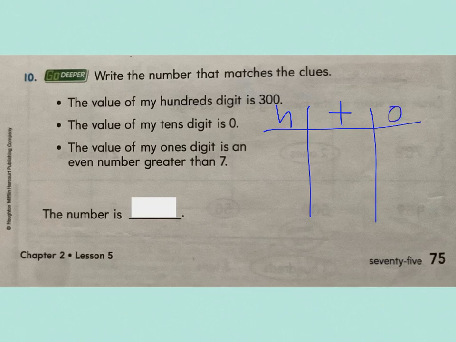This will help us. Please do that on your paper if you haven't already. The value of my hundreds digit is 300. That's how much it's worth. That means we would write it as 3 hundreds. The value of my tens digit is 0. So there's no tens, 0.